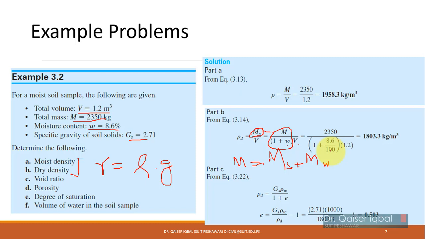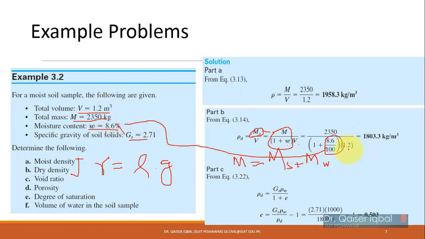Always remember while solving the problem in exam that never use the moisture content as the percentage, but always to remove this percentage you will have to divide this by 100. Okay, so 8.6 divided by 100 into total volume is 1.2.